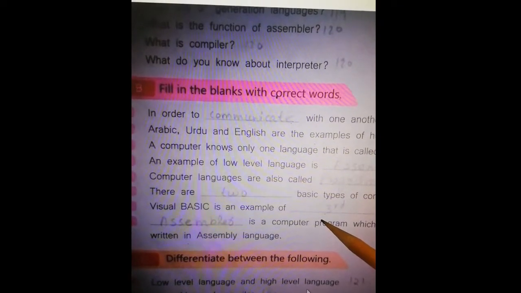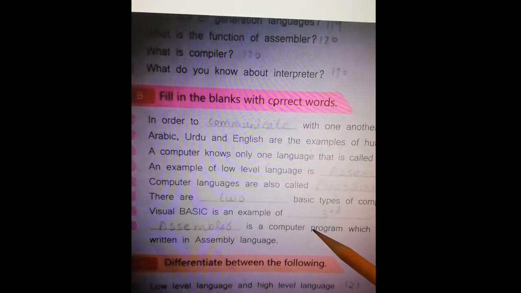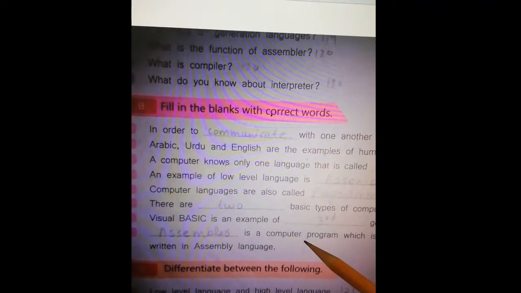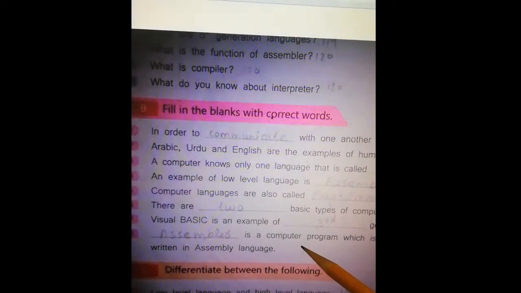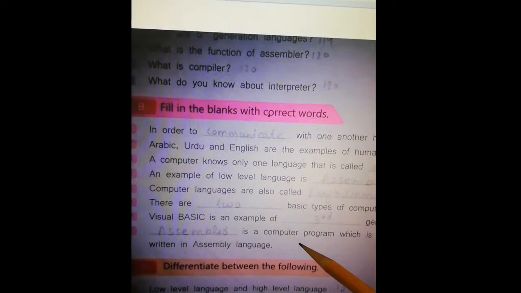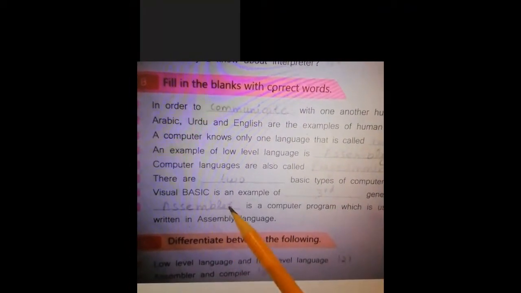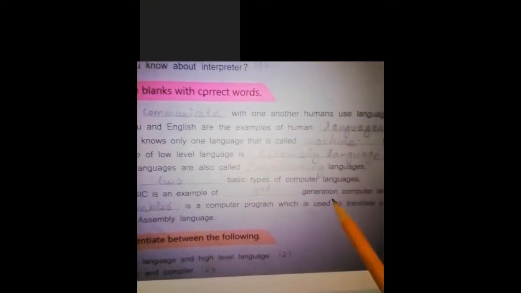In the key points number 37 on page number 121, you can see the updated version of 3rd generation languages is called 4th generation language. For example, Visual Basic and Oracle. So, Visual Basic is an example of 3rd generation computer language.